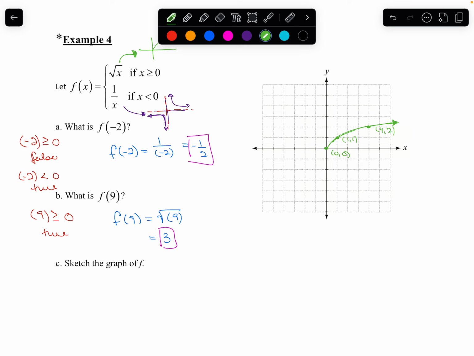For the other side, when I have 1 over x, I'm only looking at the left side of the y-axis, because the y-axis is where x is equal to 0, and I'm thinking of less than. Remember, if you plug in 0, you would get something undefined, and that's the reason we have an asymptote on the original.